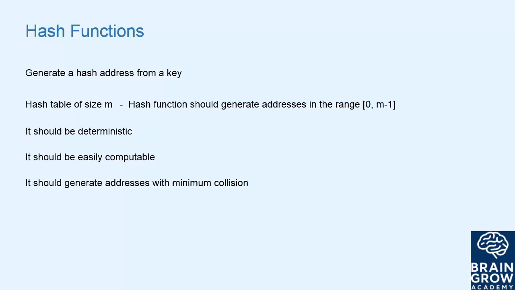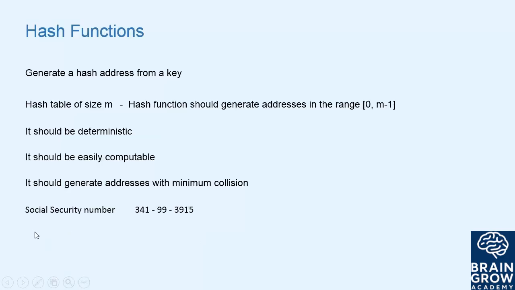So the hash function should be easy and fast to compute. Next, a hash function should generate addresses such that collision is minimized, which means that it should distribute the keys as uniformly as possible. Now, if the nature of keys is known in advance, then we can choose a good hash function that gives minimum collision for those types of keys.